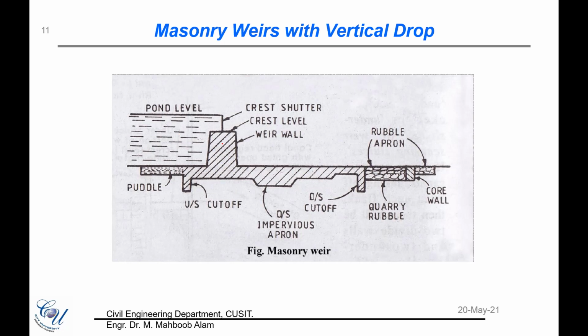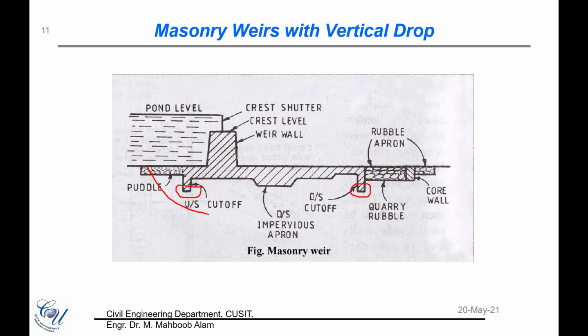On either side of this weir, you see these upstream cutoff walls and downstream cutoff walls. You see these small structures here, both upstream and on the downstream side. The purpose of these cutoff walls is that we do not have water seeping through on the upstream side and then traveling in this direction to the downstream side.